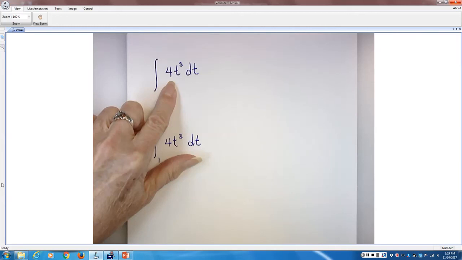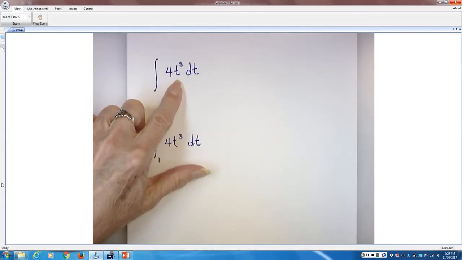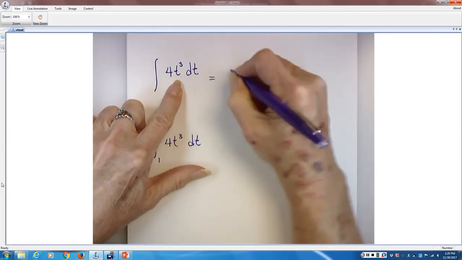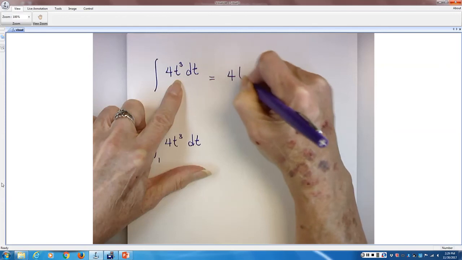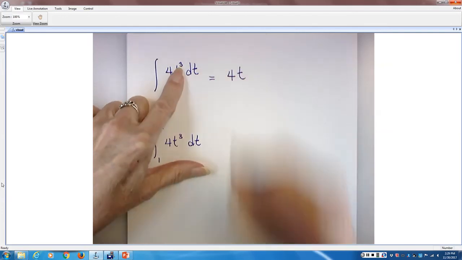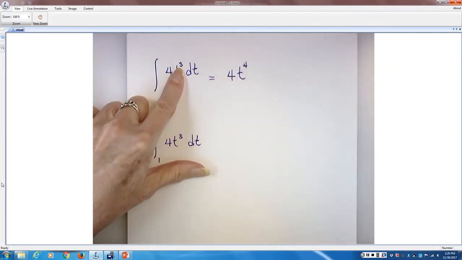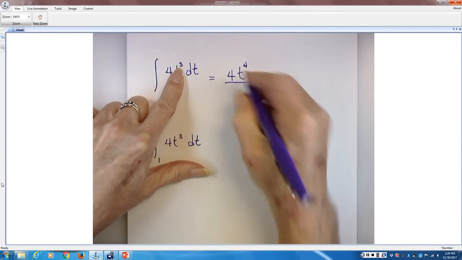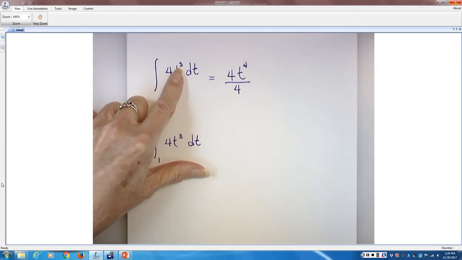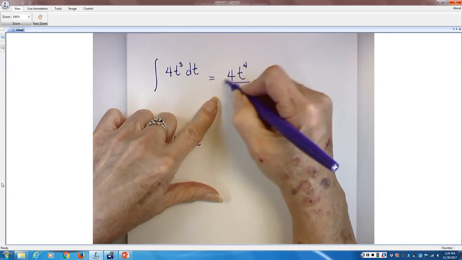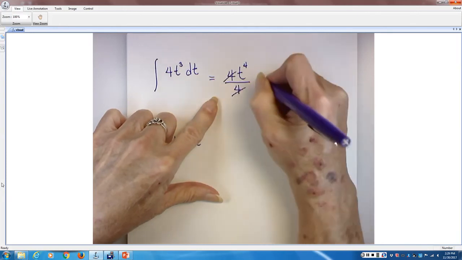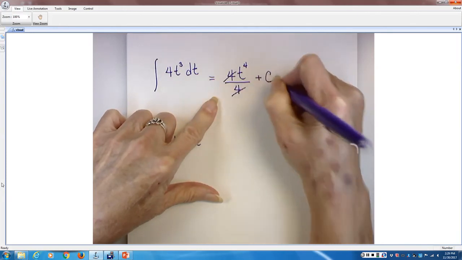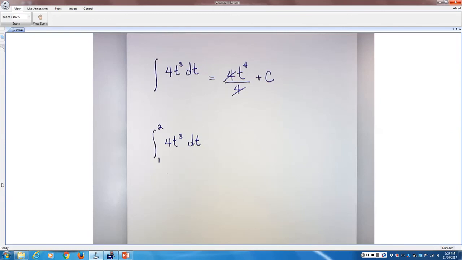Okay, use the power rule on the 3. So that's going to be 4t to the 3 plus 1 is 4 over 4. Okay? And then the 4's are going to cancel. And you have a constant of integration at the end if it's an indefinite integral.